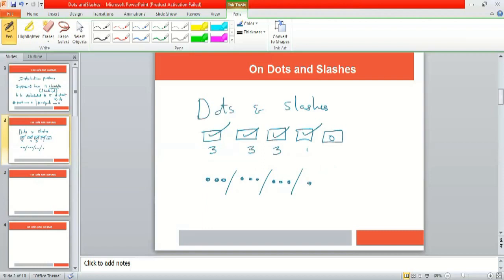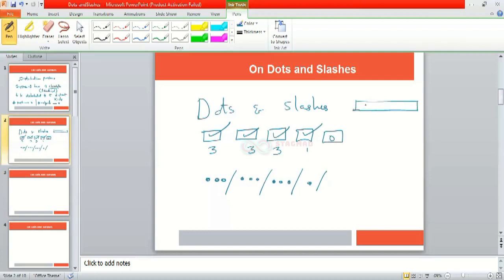Or maybe I can put a slash here. So you can observe that all 10 chocolates have been represented here, 3, 3, 3, 1, but only 4 slashes I have. That means I need not put a last slash. Let's take another distribution.